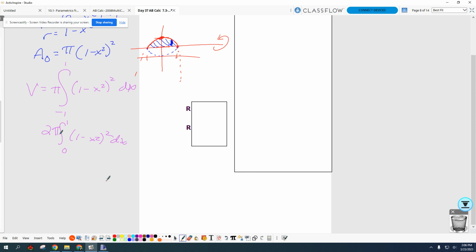All right, if I needed to do this by hand, this is how I do these. This little eggy football thing, is there a symmetry on the right and the left? So if I integrate from 0 to 1 and double it, I get the same answer. It's easier by hand, plugging in 0, than dealing with negatives. Wait, you can just keep pi though, right?